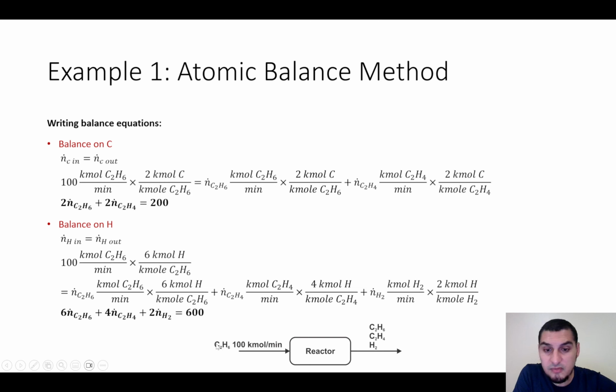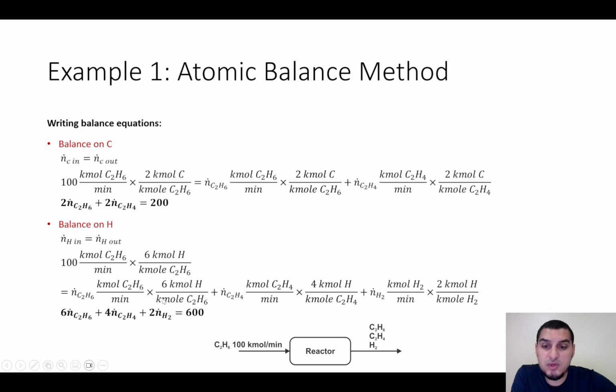For carbon, we have 2 times 100, 2 times the number of moles of ethane, and 2 times the number of moles of ethylene. Okay, I put the units in detail just to demonstrate how these numbers are put, and to see that at the end of the day, after simplifying all these multiplications, they will all be kilomoles of carbon per minute, and these will all be kilomoles of hydrogen per minute.